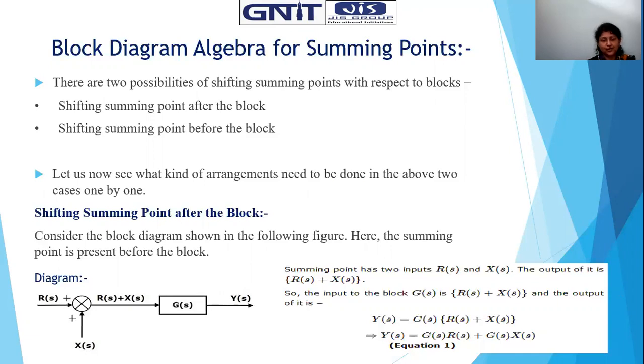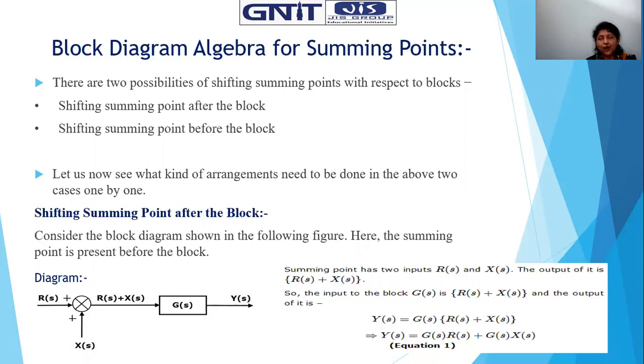Similarly, for the takeoff point, you should move the takeoff point towards the output, that means the control variable. In that case you will get a simplified solution in a much simpler way.